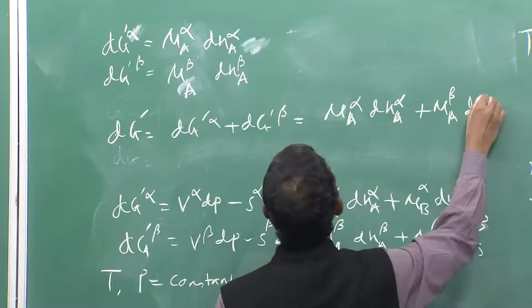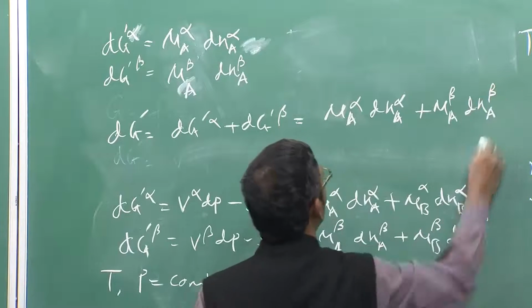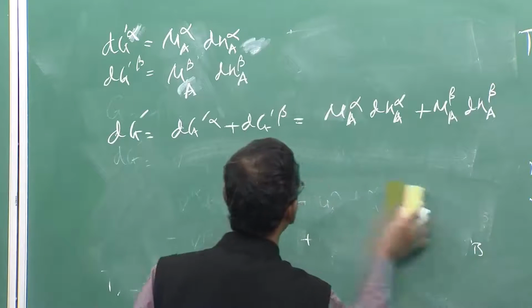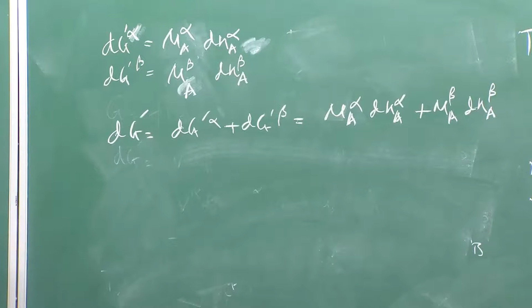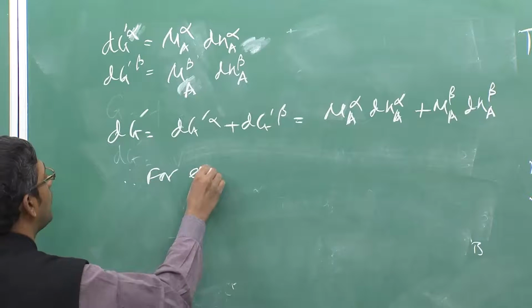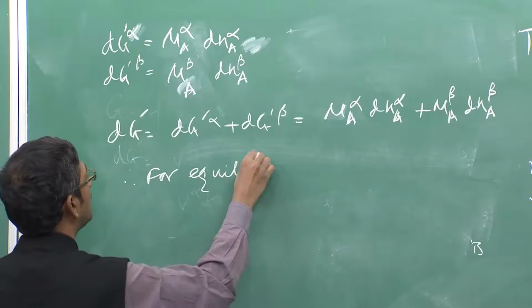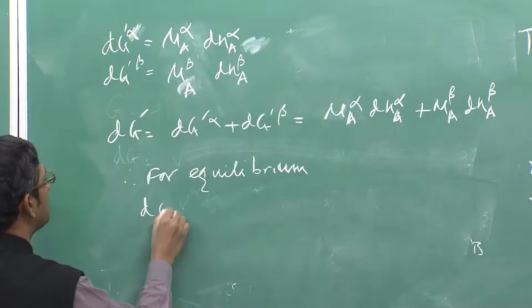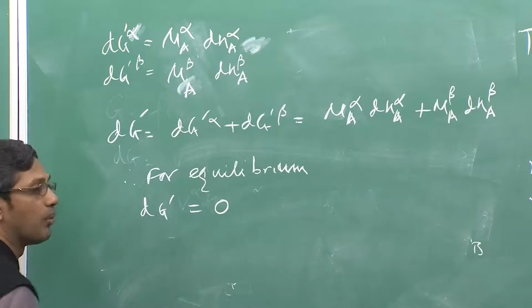Okay. So for any system to be at equilibrium, the total free energy change should be constant. So for equilibrium, dG total or dG prime should be 0.